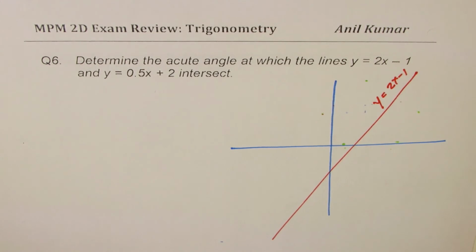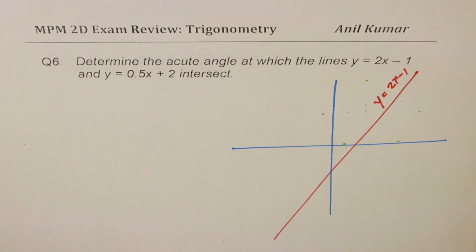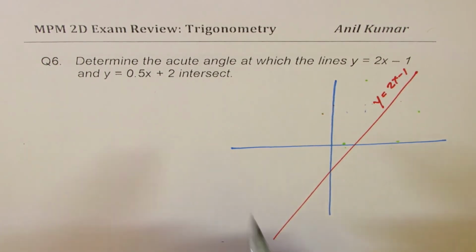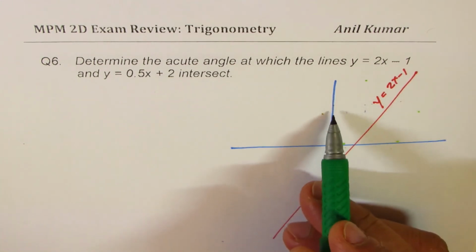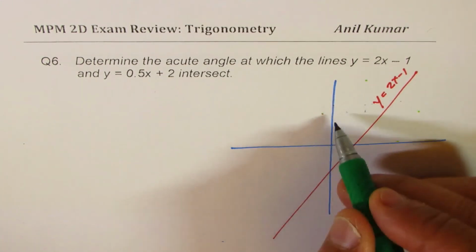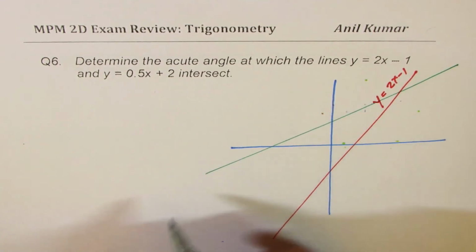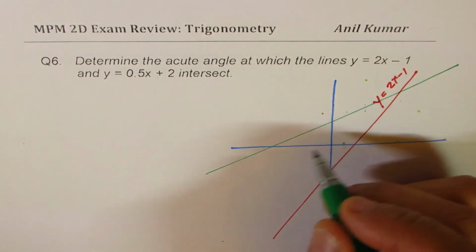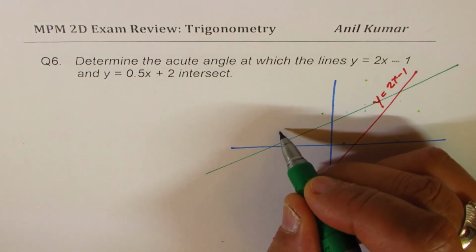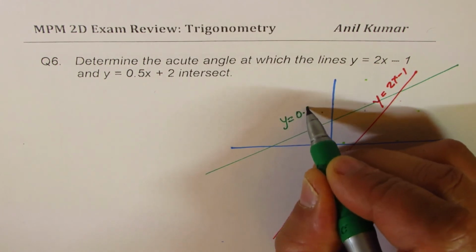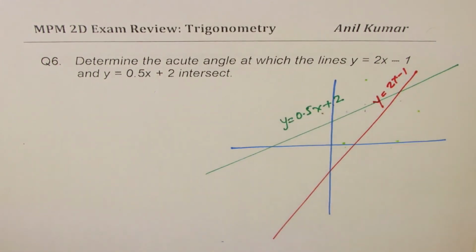Let's sketch the second line, which is y equals 0.5x plus 2. Now here also positive slope going through somewhere here. So just to keep it in the page, let me just sketch it like this. Okay, so this becomes my second line, which is y equals 0.5x plus 2.